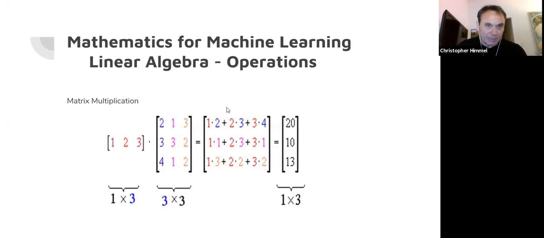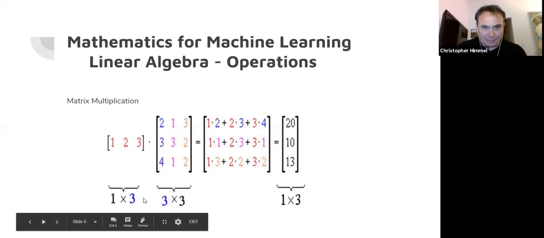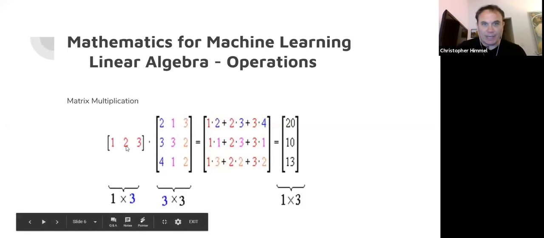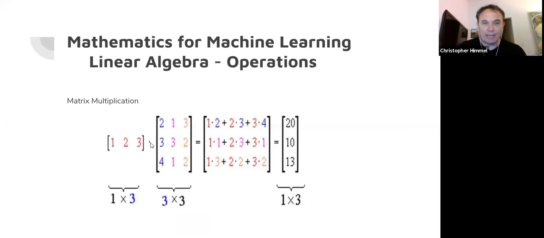Okay, so matrix multiplication. So a key thing to this matrix multiplication, and we're going to be doing some of this tonight, is that, see the blue numbers. Okay, this is a 1 by 3 vector or matrix. You can call it a matrix. We're taking that and we're doing a dot product. It's multiplication, sometimes just called a dot product, with a 3 by 3 matrix.